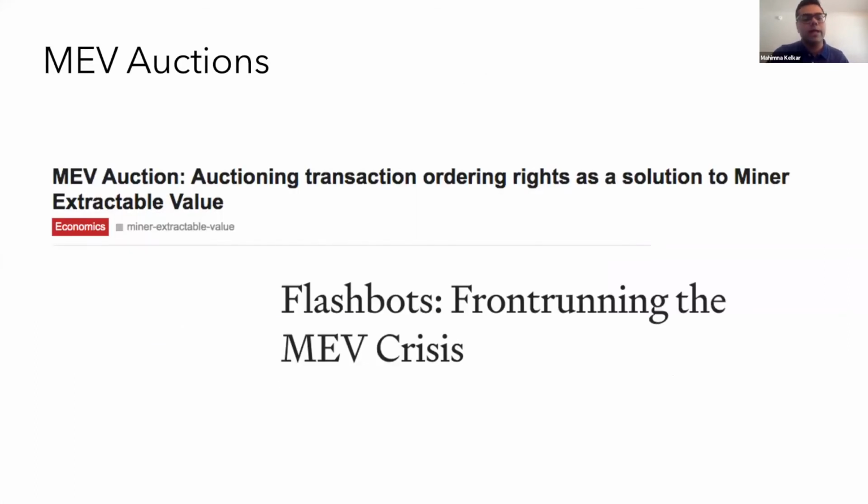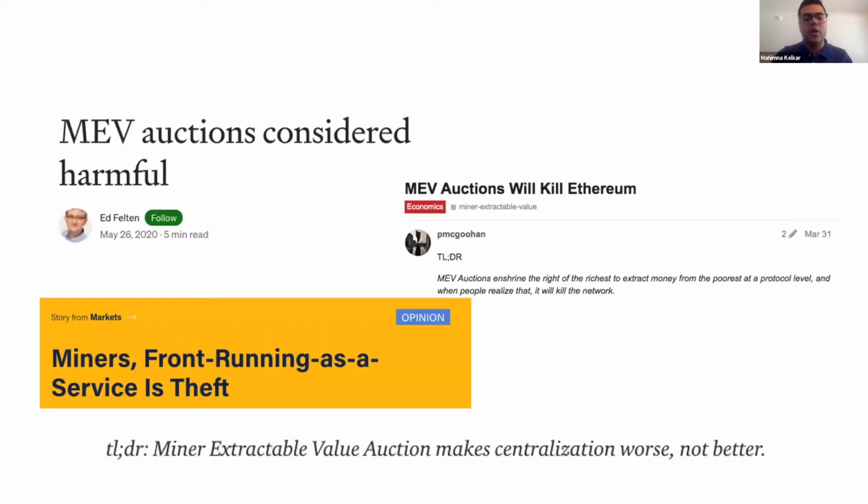What's more problematic is that some miners have actually begun to auction off the right to choose the ordering in the block that they mine. So instead of front running themselves, they're asking other people who want to front run the block to bid in how much they would pay to front run in this block and sell it to the highest bidder, which is clearly much more problematic.